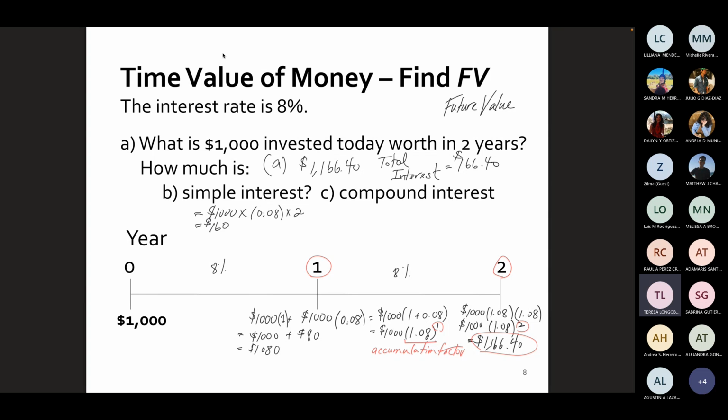So in general, we can write it as: we're going to refer to 1,000 as the principal amount or the present value. We're going to refer to the interest rate as I.